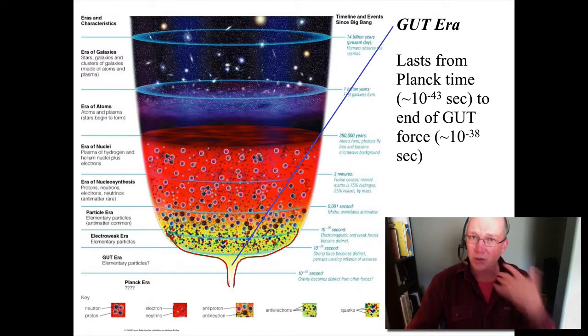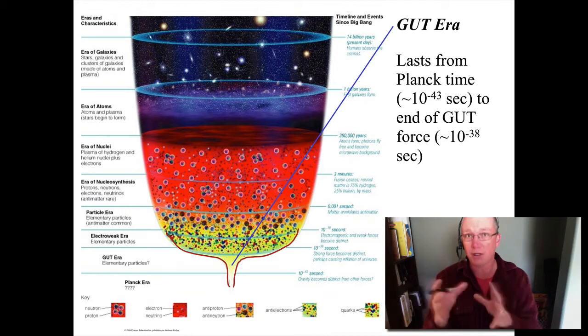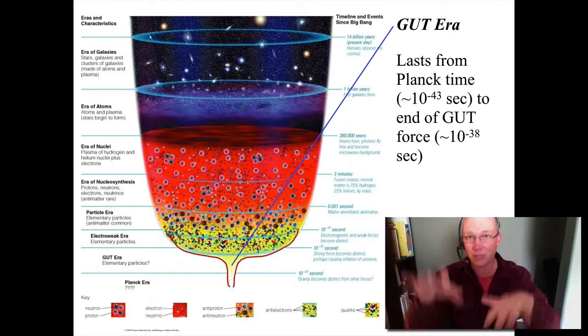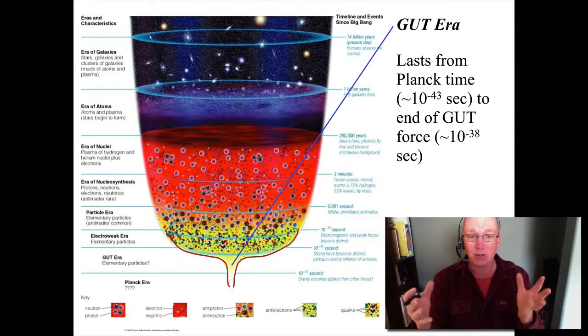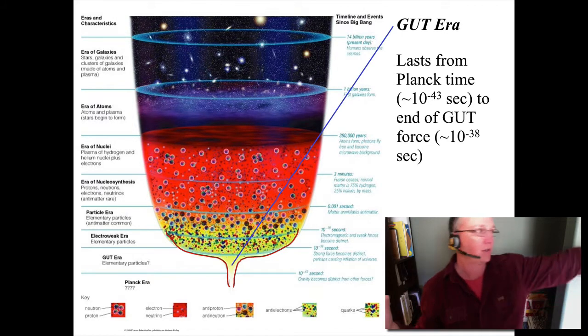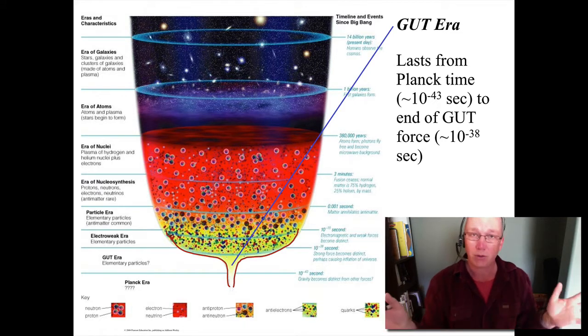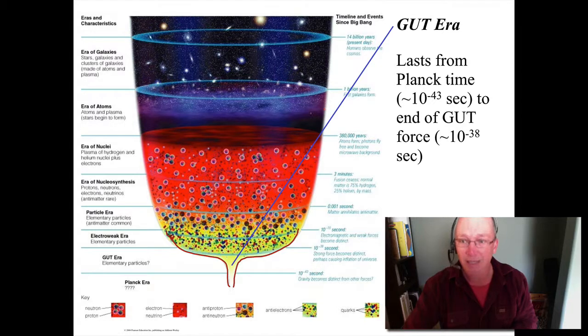But for something to be a uniform temperature, it has to be in equilibrium with itself. In other words, it has to be close enough for long enough time so that the temperatures can equalize. And those temperatures can't equalize if you're too big, where this side of the universe never sees this side of the universe, or if it happens too quickly. And given the speed, we've gone from 10 to the minus 43 to 10 to the minus 38 seconds, which is shorter than any instant you can imagine.